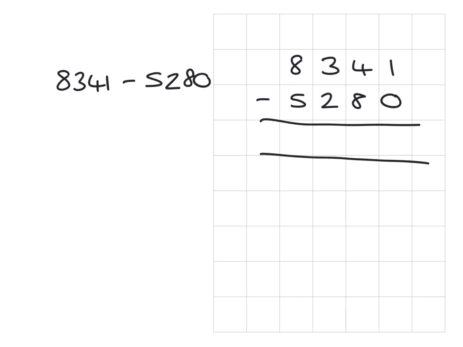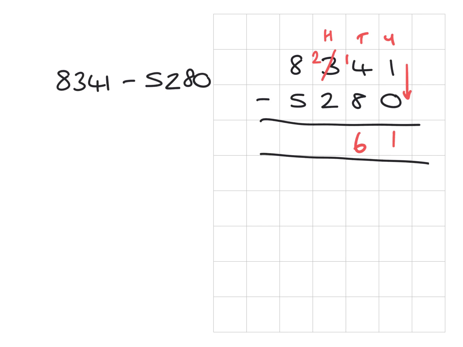So take our units, we've got 1, take away nothing, leaves us with 1. Next in the tens, we have 4 10s, take away 8 10s, well we can't do that. 8 10s is too many, so we're going to go to the hundreds and borrow 100 to bring it back to make 14 10s, take away 8 10s, which gives us 6 10s.